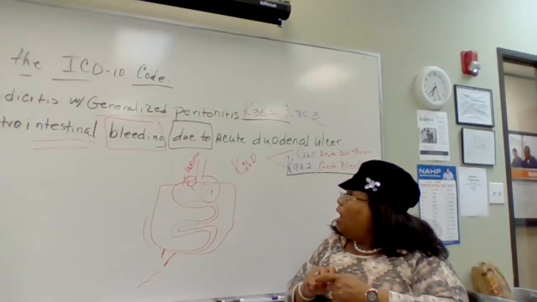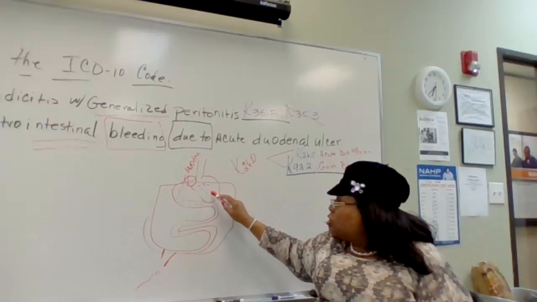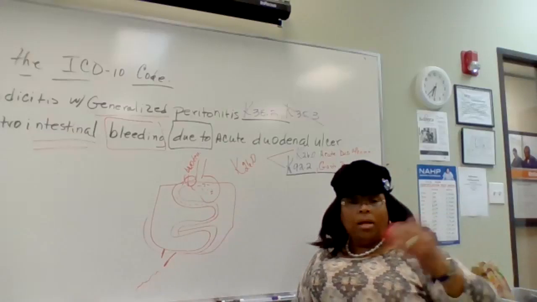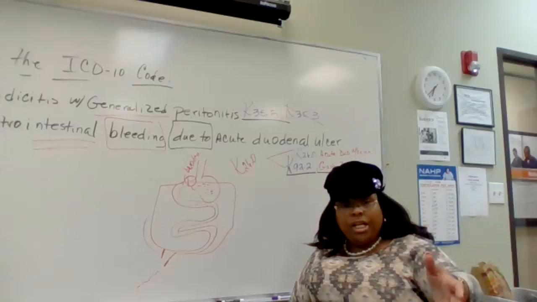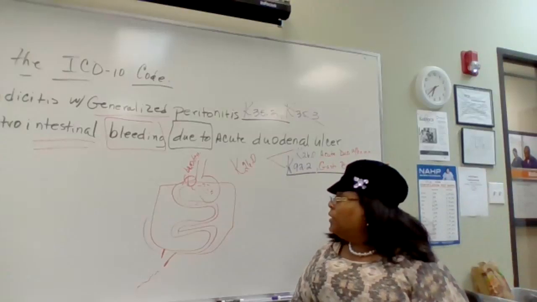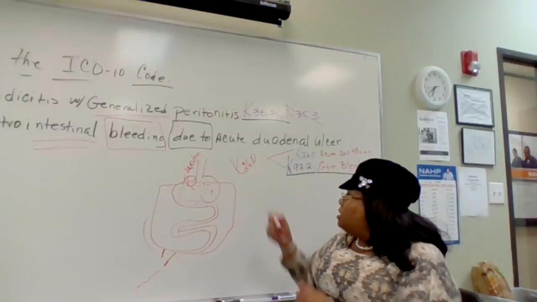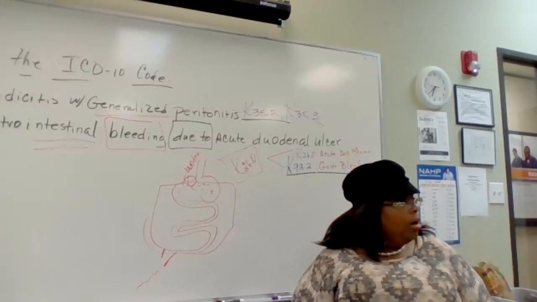Now, sometimes the ulcer can start in the stomach area and proliferate onto the duodenum, jejunum, and then the small intestine and on down. So we can use this as a broad diagnosis code, and that's a wrap. Are y'all getting that?